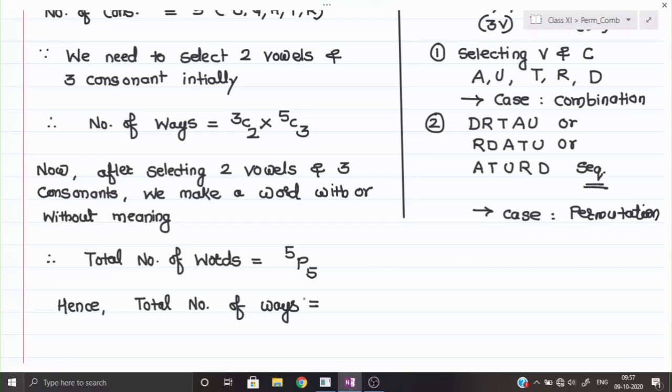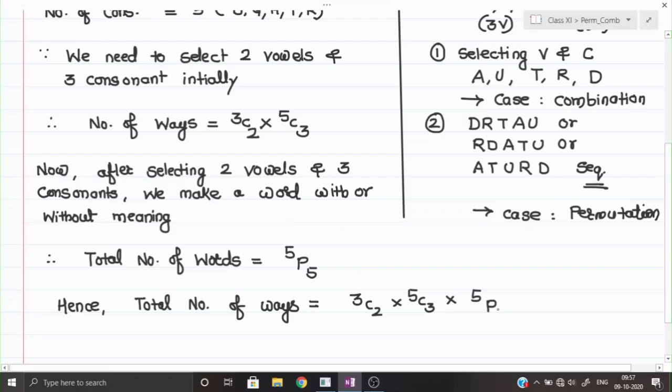Since they are just parts of the whole process, we shall multiply all of them. As we have multiplied 3C2 and 5C3, we shall multiply along with that 5P5 also. Every part of the process will get multiplied at each and every stage in the question. So here we shall multiply 3C2 into 5C3 into 5P5.